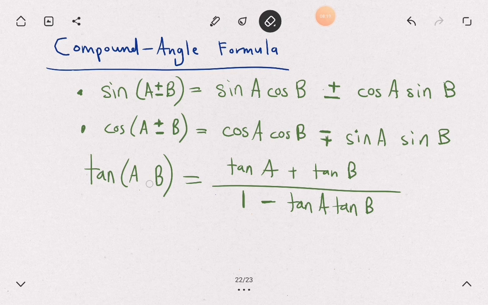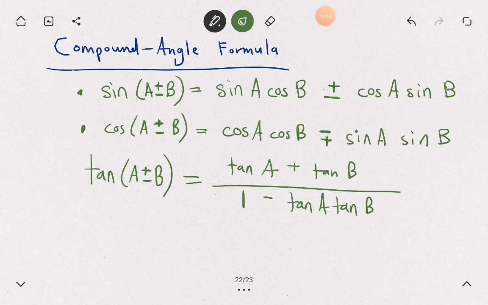And if you change the sign to A minus B, then all the signs on the right hand side also change. So the numerator becomes a minus, and in the denominator you will have a plus. Putting it all together, if it's A plus B, the numerator will be a plus and the denominator will be a minus.